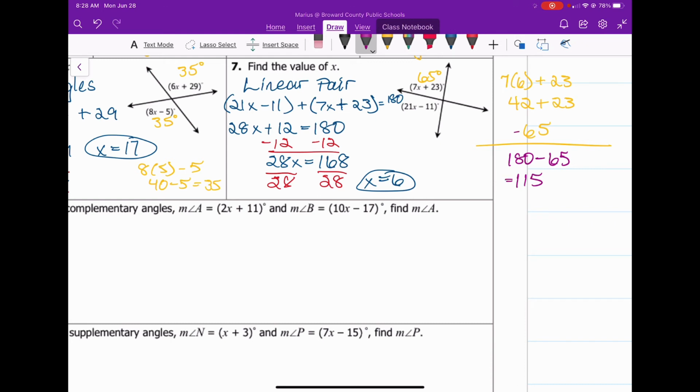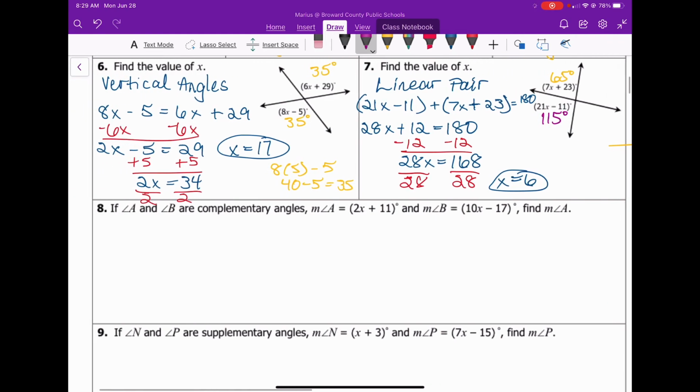Right. So this angle here would be 115 degrees. And that's how you would find either one of the angles. Now, if we were to plug in x to 21, if we did 21 times 6 minus 15, minus 11, we would still end up with the answer of 115.